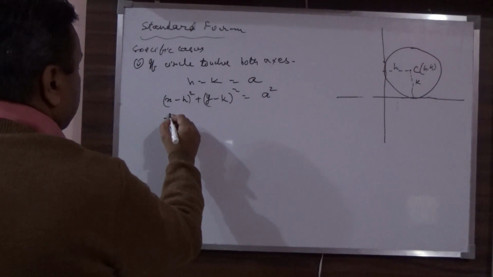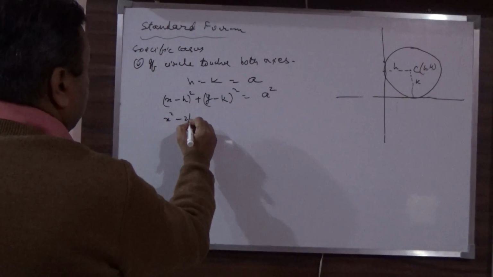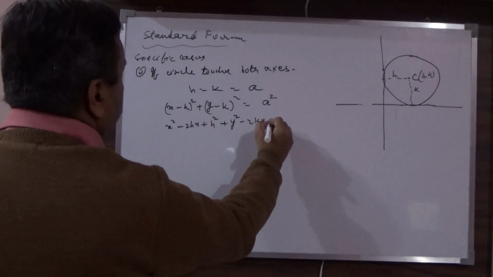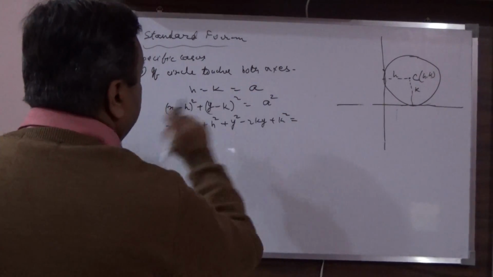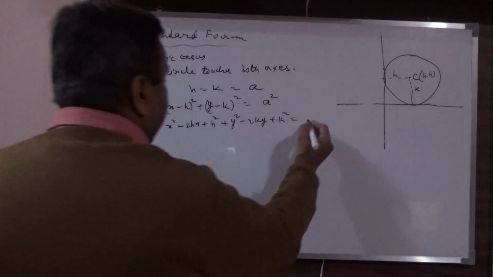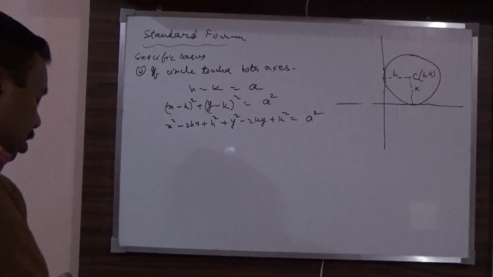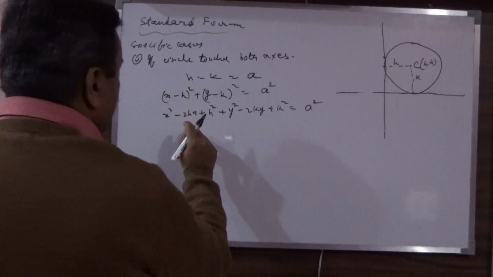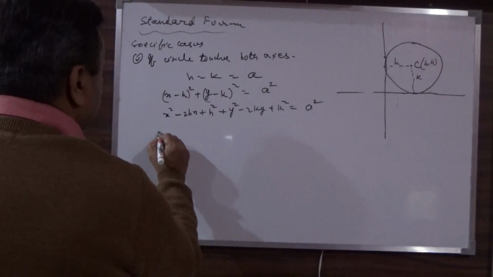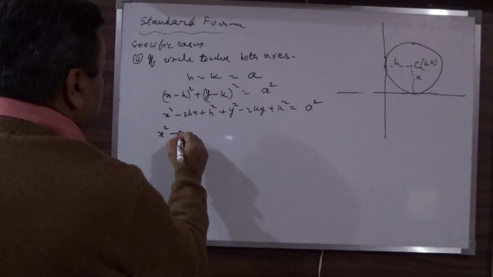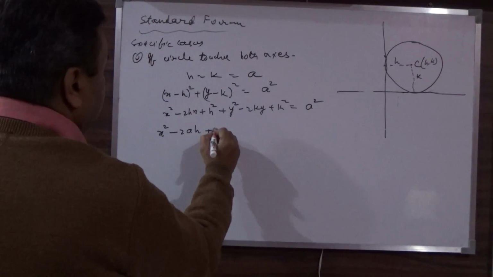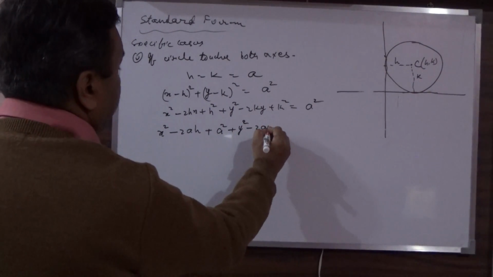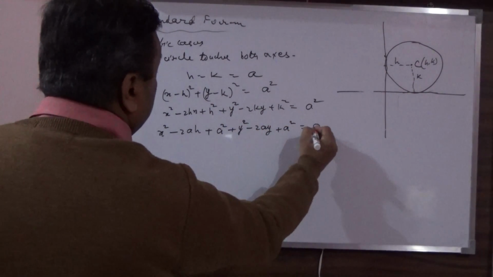So now, x square minus 2hx plus h square plus y square minus 2ky plus k square will be equal to a square. Its radius will be given to you, so I will just put a everywhere in place of h and k. So it is x square minus 2ax plus a square plus y square minus 2ay plus a square is equal to a square.